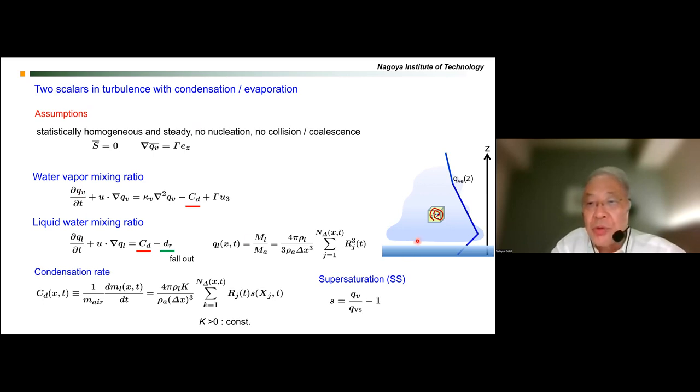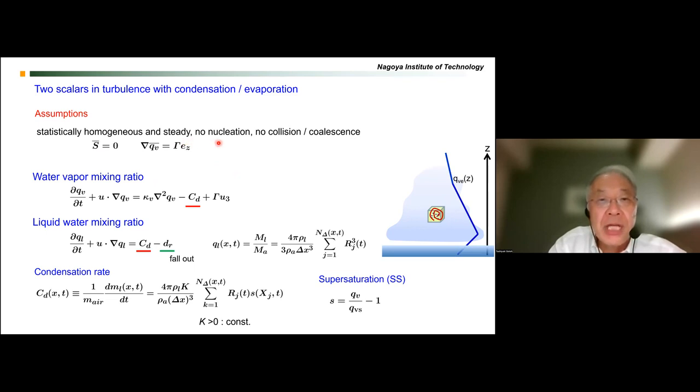For example, we consider a cloud over the sea, and we consider a small domain inside the cloud. Inside the cloud, we assume a mean scalar gradient. And since our parcel is very small, to a first approximation, all the fluctuation is statistically homogeneous and in a steady state.